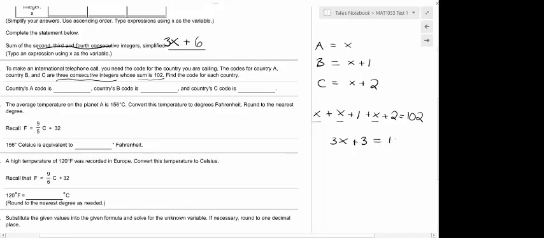Good. Then we want to get the 3x alone, so we're going to subtract 3 from both sides. So 3x is going to equal 99. So x is going to equal 33.